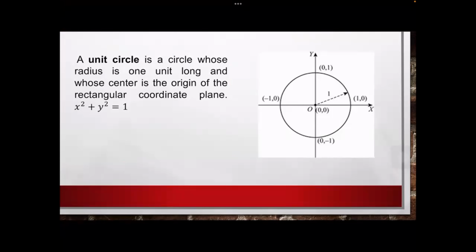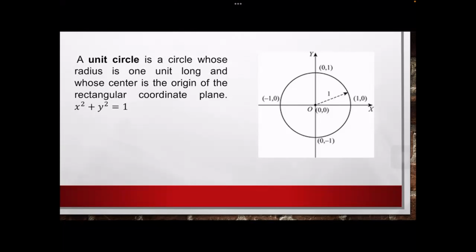We'll have here the points (1, 0), (0, 1), (negative 1, 0), and (0, negative 1). These are the points on the circle that it can touch when we place the circle in the rectangular plane.